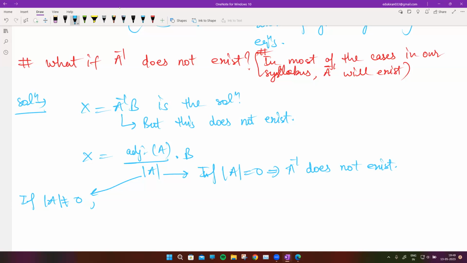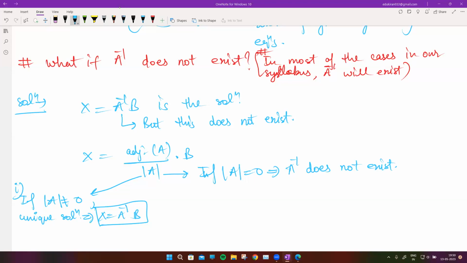So in all such cases, we have a unique solution, and that solution can be found out using this equation. If the determinant of A is not equal to 0, then we will have a unique solution, and that solution will be given using this equation. What if the determinant is 0?